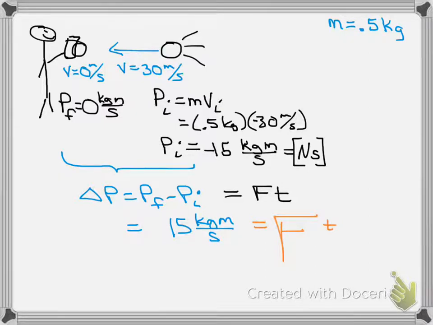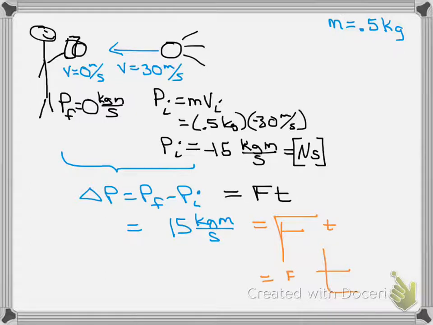And there are two ways that we can do this. We can change the momentum of this ball by applying a very large force over a very short time period. So imagine that you're catching this ball and you hold your arms out straight with your elbows locked. Okay? So you're applying a very large force for a very short period of time.